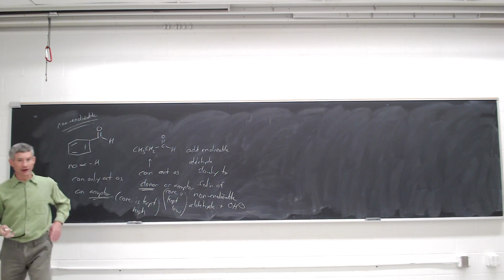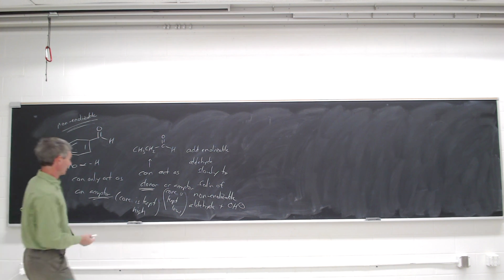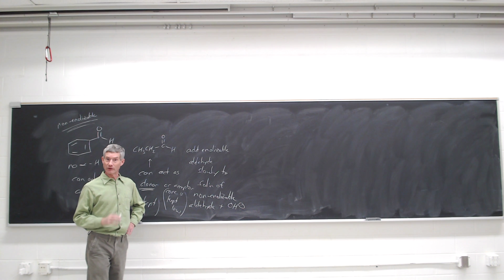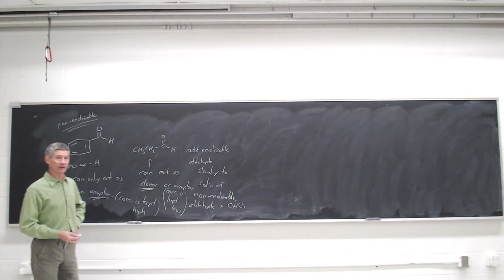And we've seen this kind of concept before, where we were using the order of addition to control whether or not we got multiple alkylation in the case of enolate alkylation.